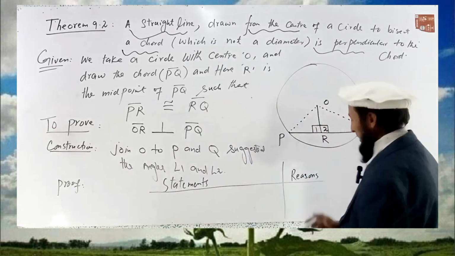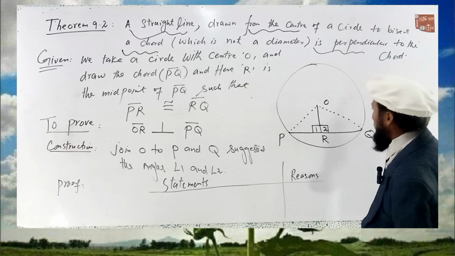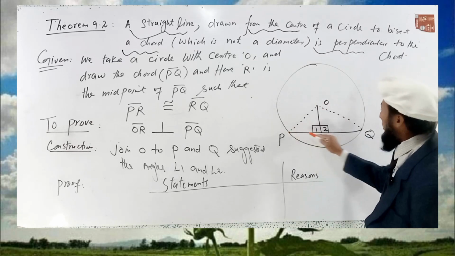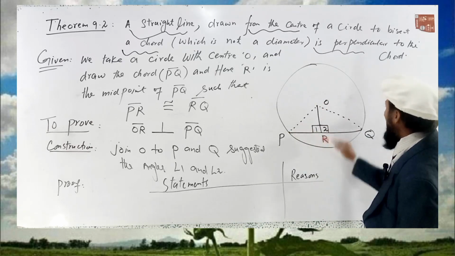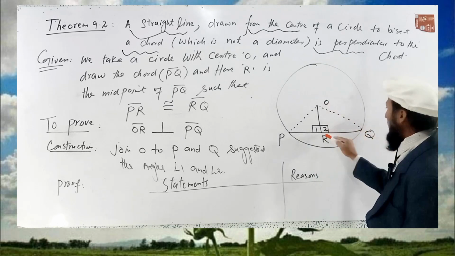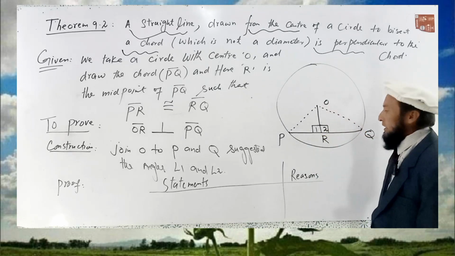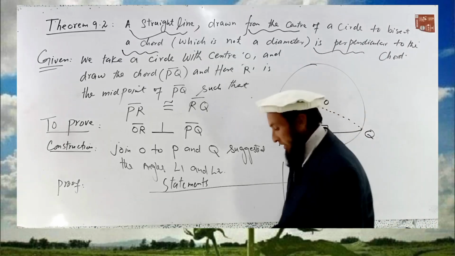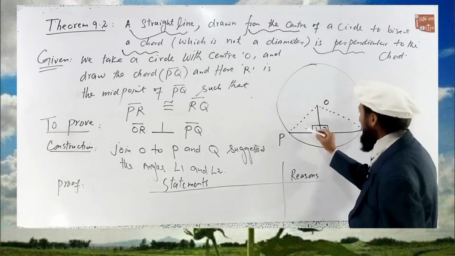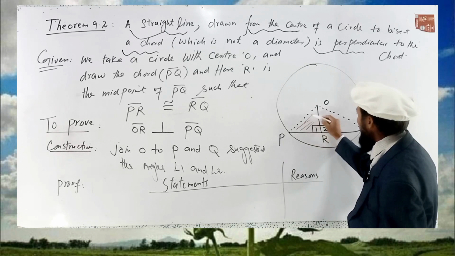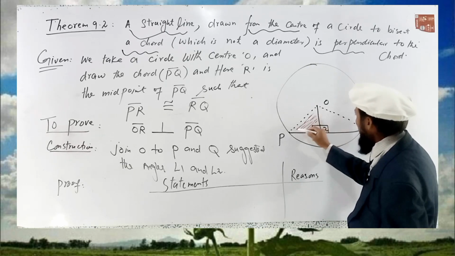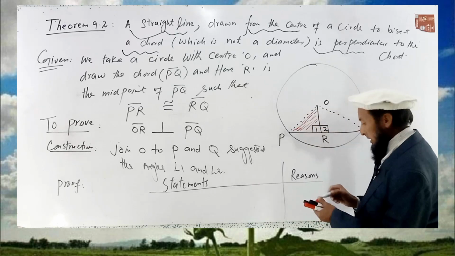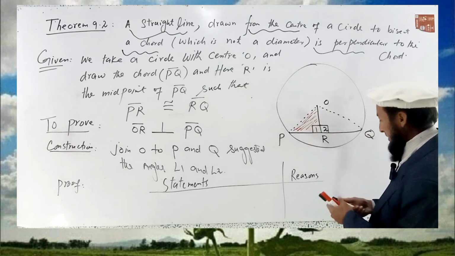For the comparison we get two triangles, OPR and OQR, one to one correspondence. One triangle is this one, and the other triangle we get here.